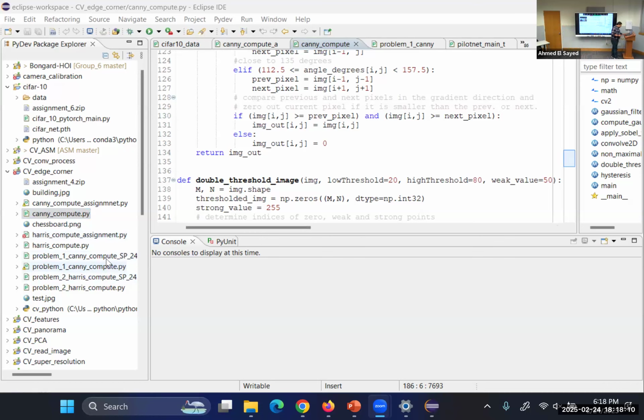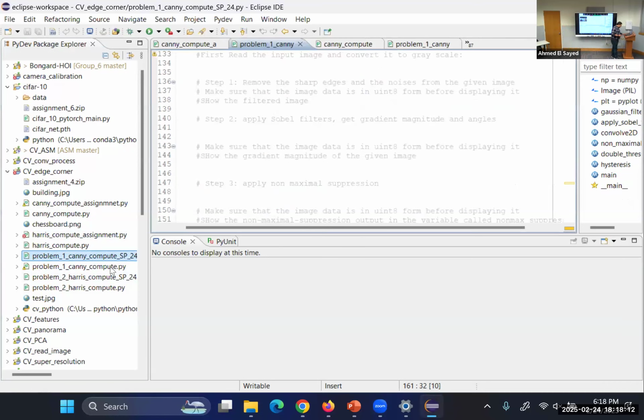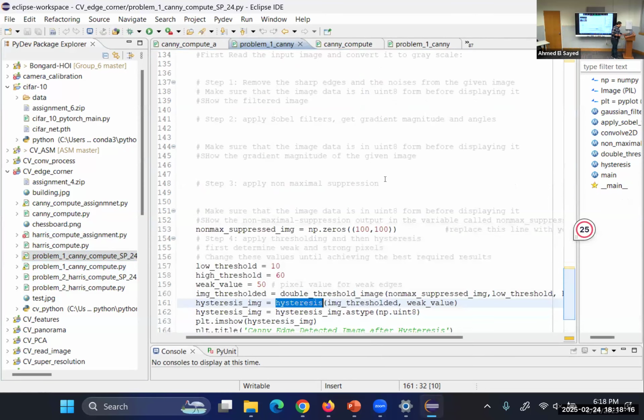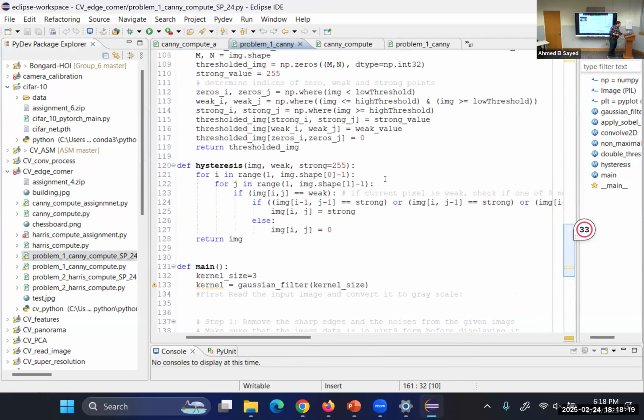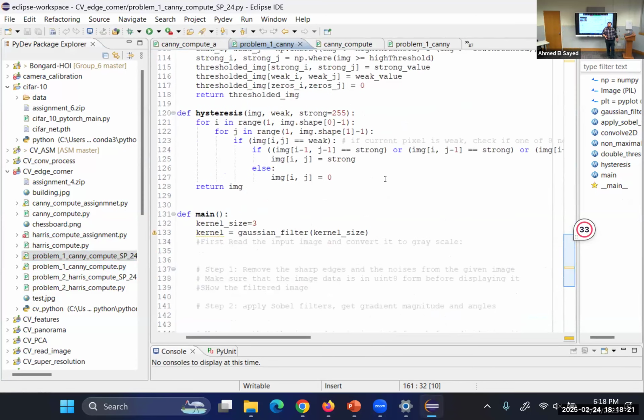Actually, this is the code that can do this task. So if you recall from the Canny edge detection, what is the first step to do before finding the derivative? Let's review the first step in the Canny edge detection.